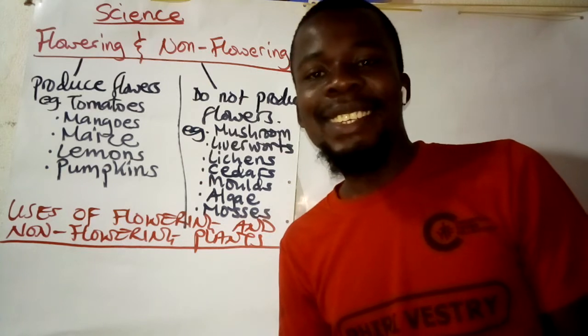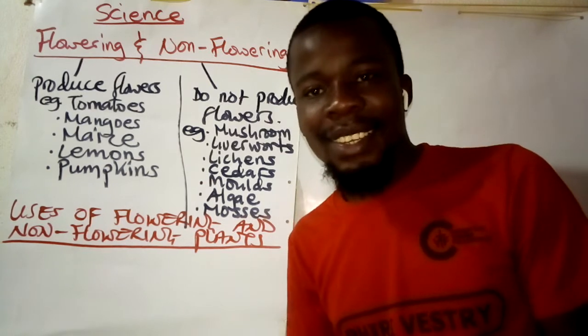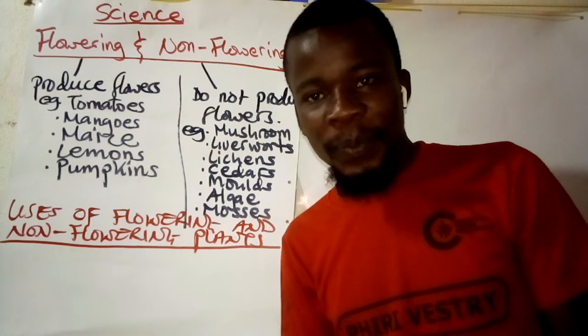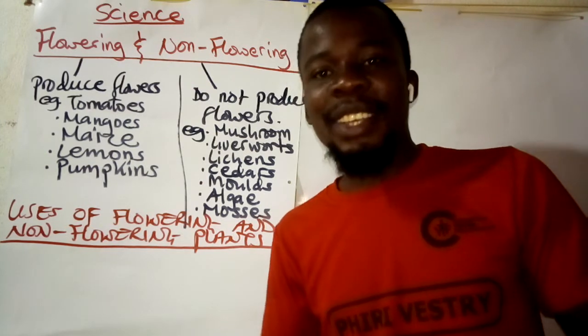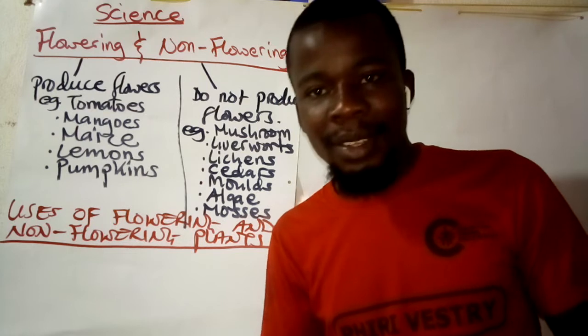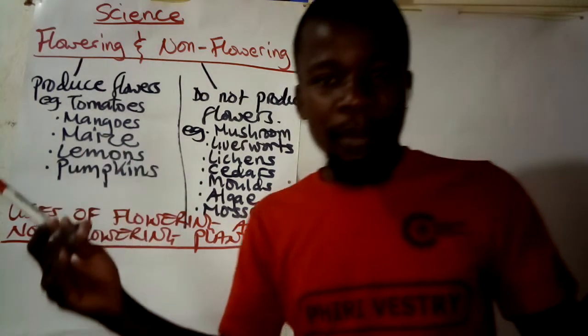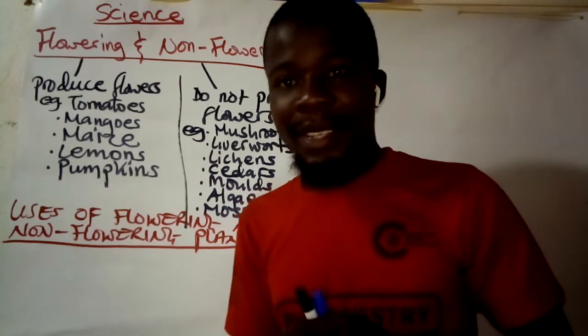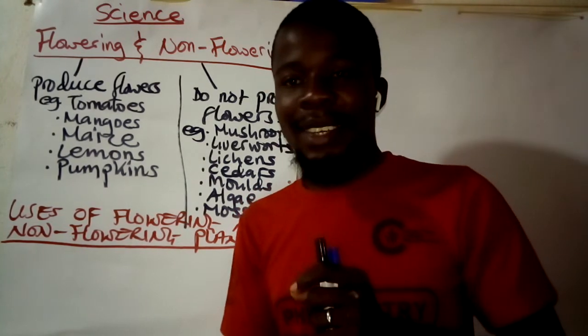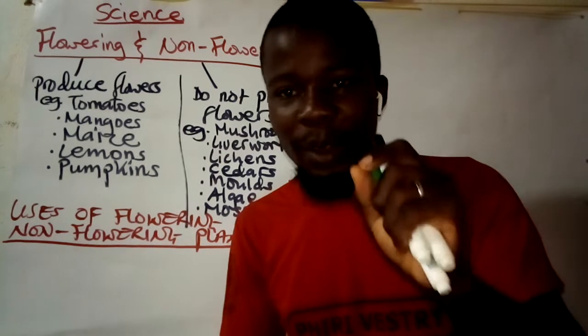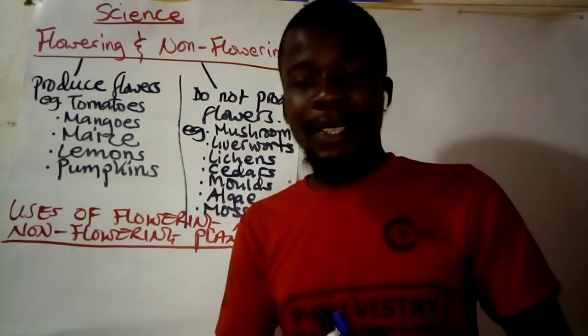What are they? Source of medicine, provision of food, source of furniture, source of raw materials. So we have got a lot of them. All right. You have to remember this.